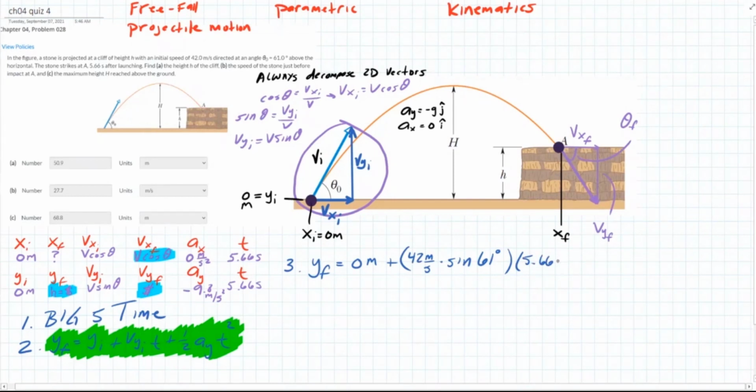I'm leaving off the units, I guess. Fine. Seconds, and this was meters per second. Plus 1/2 A sub Y, which is negative 9.8 meters per second squared, times time, 5.66 seconds. So let's get the right answer, or come up with an error and debug it if there's a mistake.